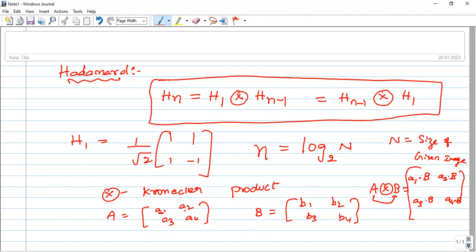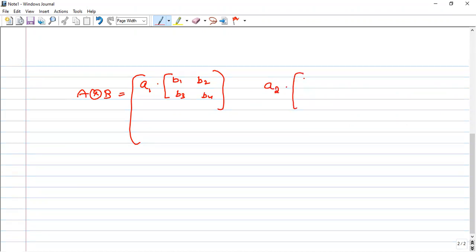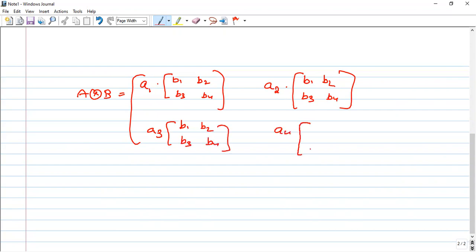So A Kronecker product B is equal to A1 into B, where B means B1, B2, B3, B4; A2 into B1, B2, B3, B4; A3 into B1, B2, B3, B4; next A4 into B1, B2, B3, B4.